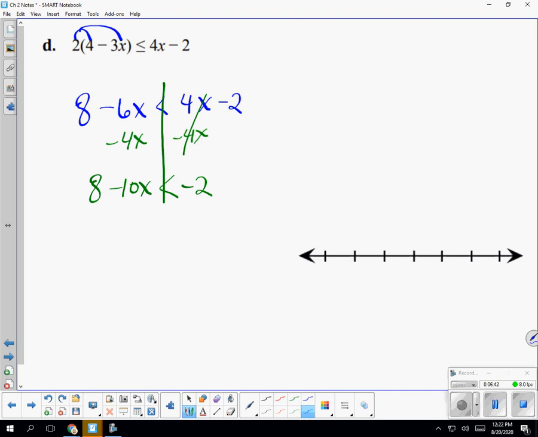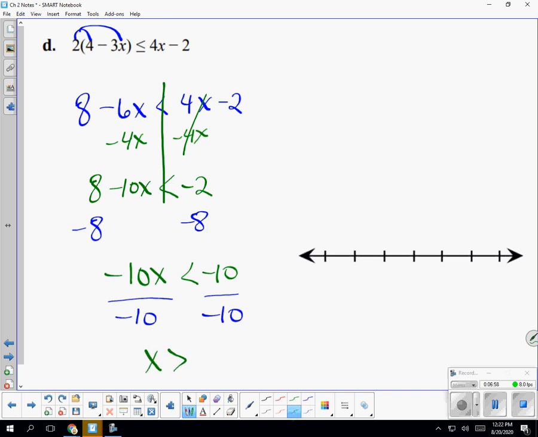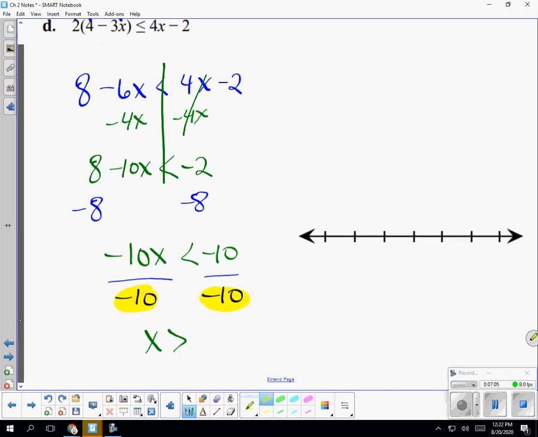Now I'm going to start to get that variable by itself. So subtract 8 from both sides gives me negative 10x is less than negative 10. And my last step is to divide by negative 10 on both sides. And that leaves me with x is now greater than, because I divided by a negative number, I had to flip that sign.